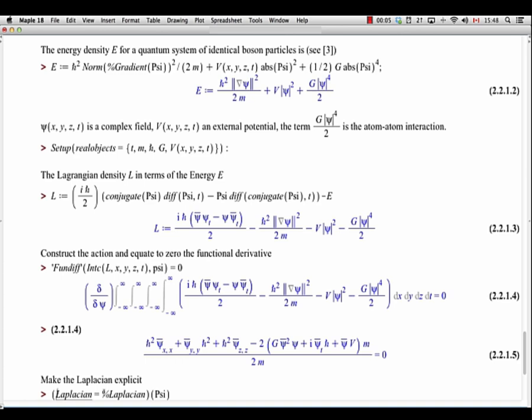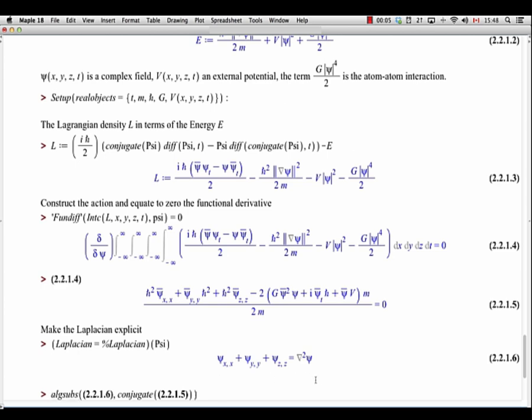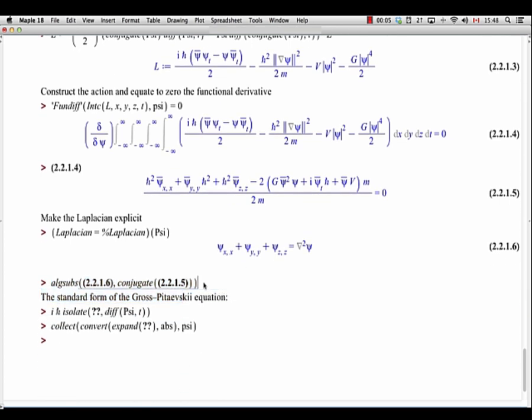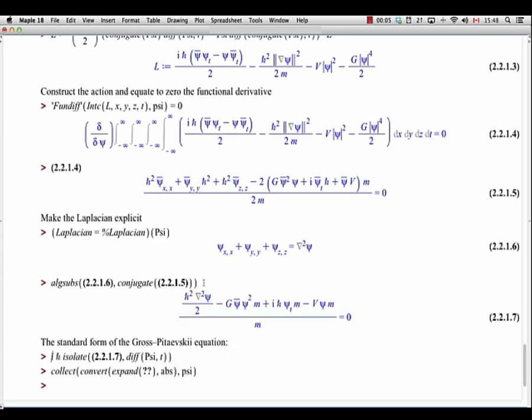And it's essentially already the field equation for the problem, but for the fact that it's not entirely simplified. Here we see three terms that can be collected together into the Laplacian, actually the conjugate of the Laplacian. So we introduce an inert form for this Laplacian, and now we substitute these three terms in the conjugate of that expression to obtain this, and now we just isolate the time derivative here.